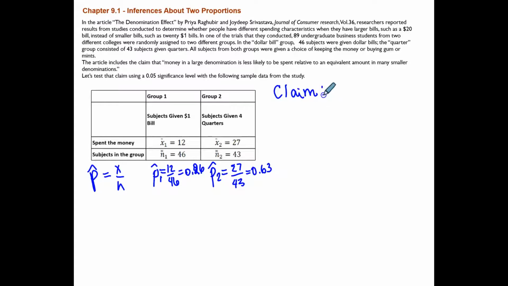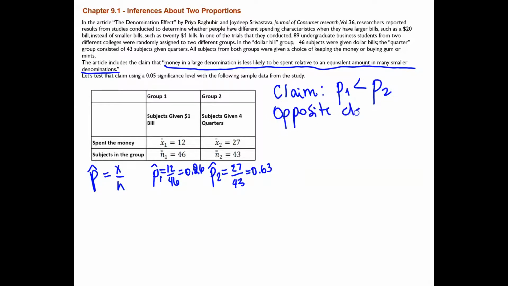Identify the claim. Money in a large denomination is less likely to be spent relative to an equivalent amount in many smaller denominations. So basically, those who are given larger bills are less likely to spend the money. So our claim is that p1 is less than p2. Therefore, the opposite claim will be p1 is greater than or equal to p2.